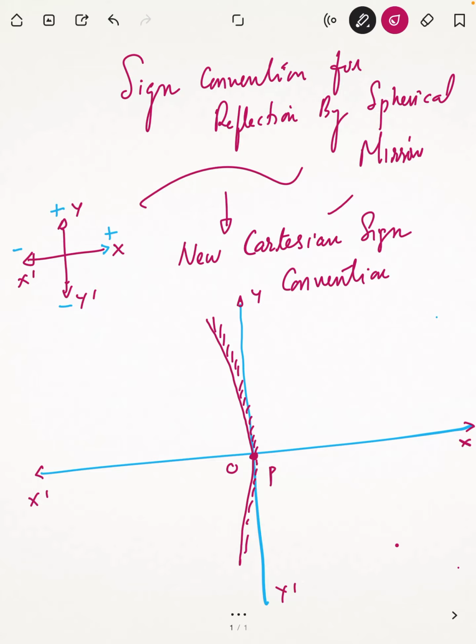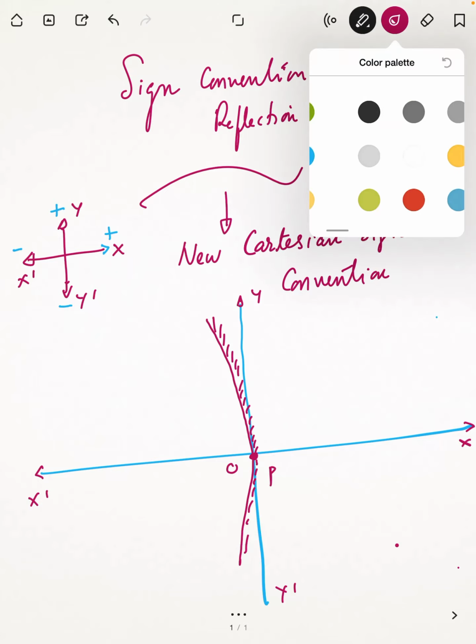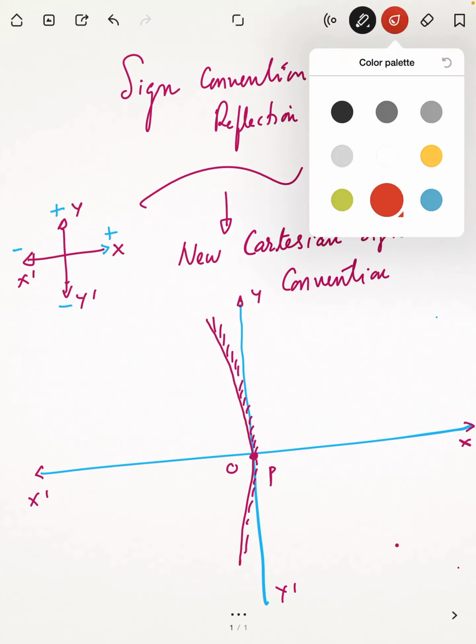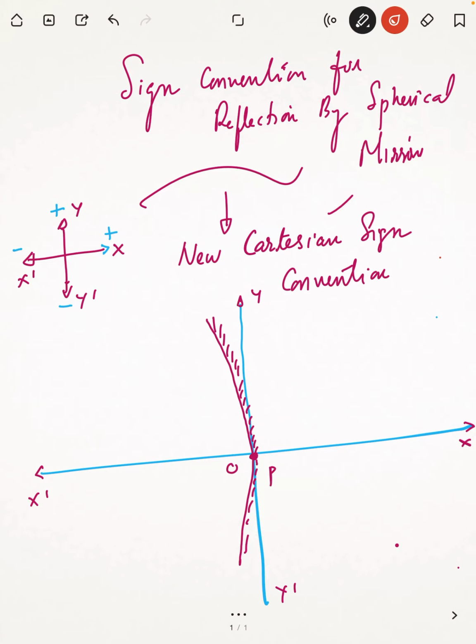Next important point is the object. First point, pole at the origin. Second point, the object is always placed on the left side, as per the sign convention.